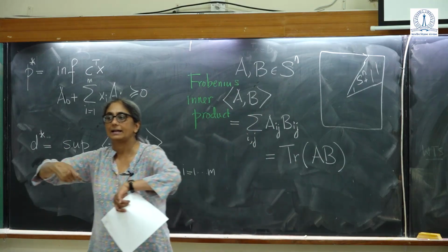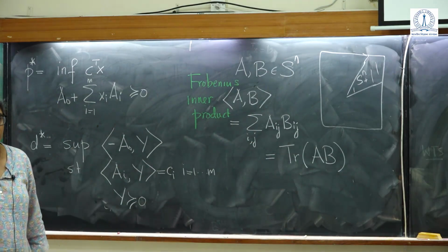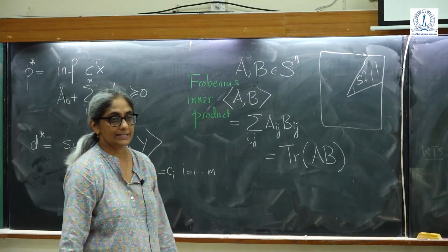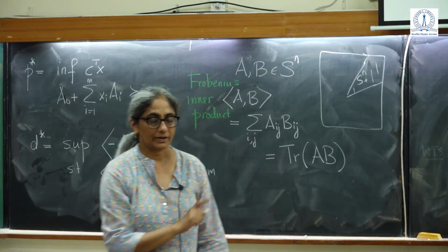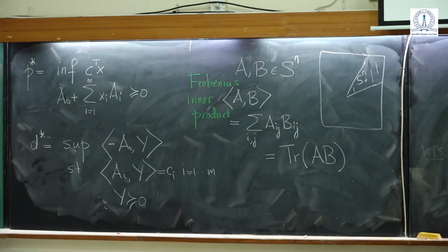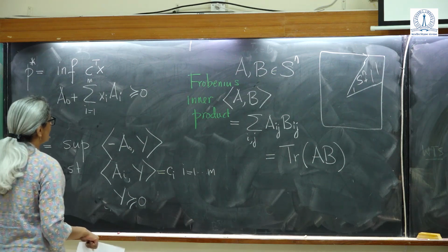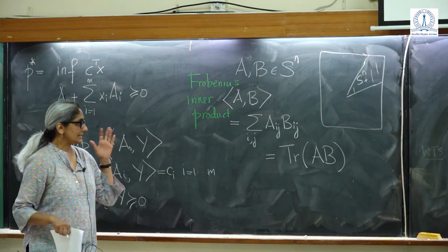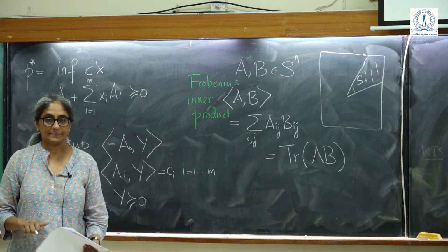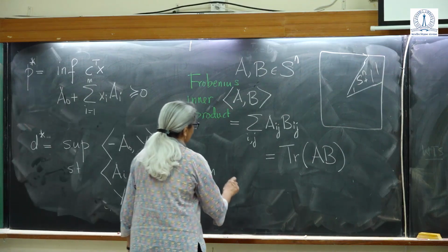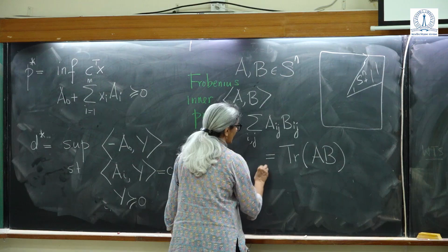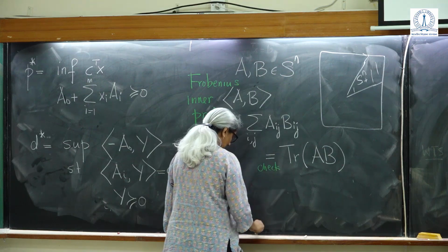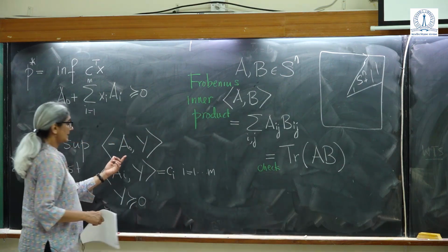If you multiply A and B together and calculate the trace, which means you sum up the diagonal entries, you also get this. Transpose? No, these are symmetric matrices, so you don't need to transpose them. In general you do have to transpose if you're taking the inner product of two matrices, but these are symmetric. If you don't know this, please check that it is the same. So that's the inner product we're talking about here.